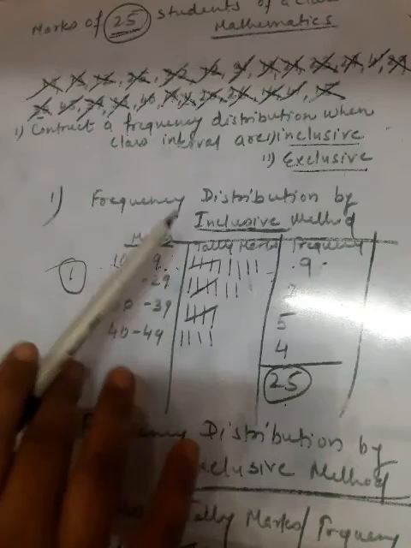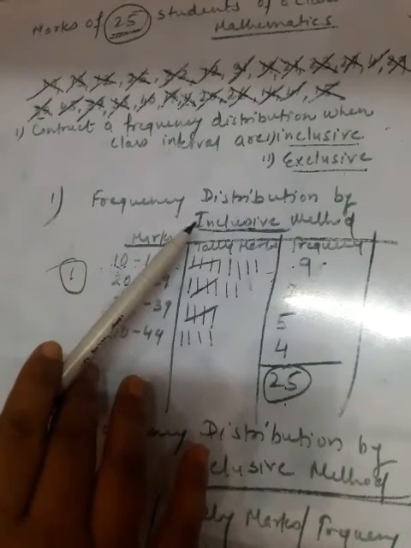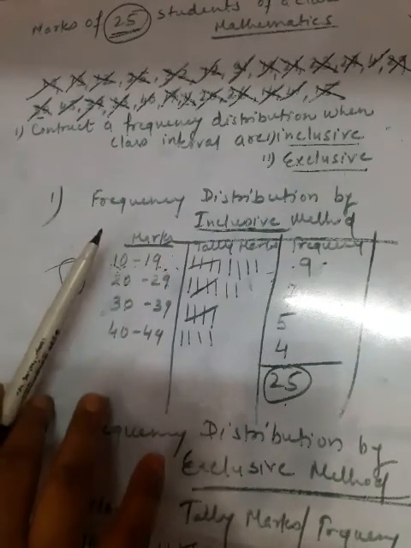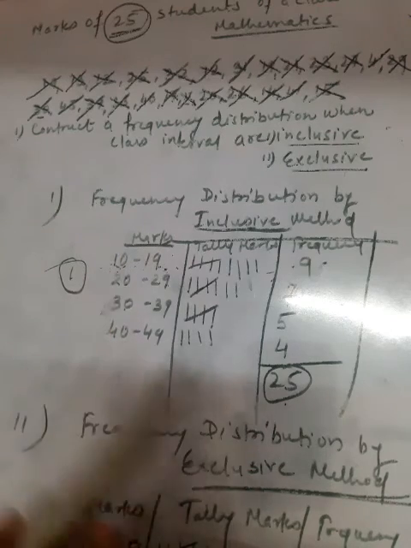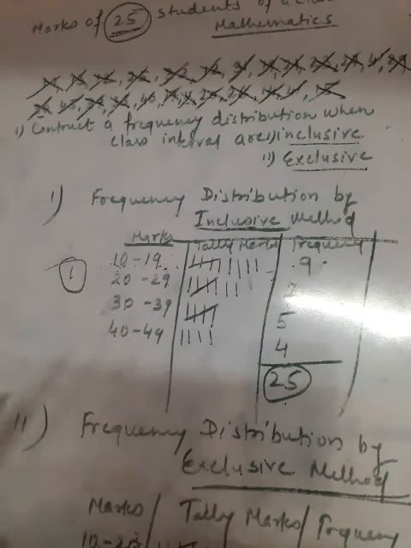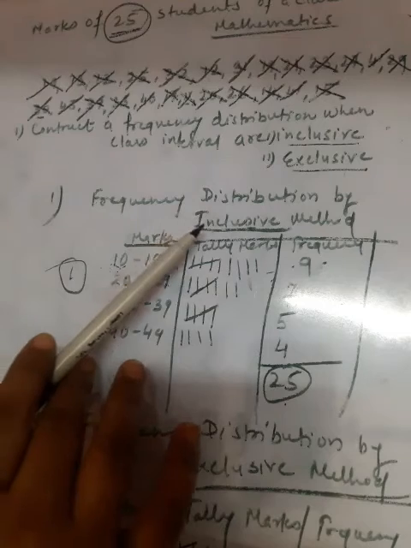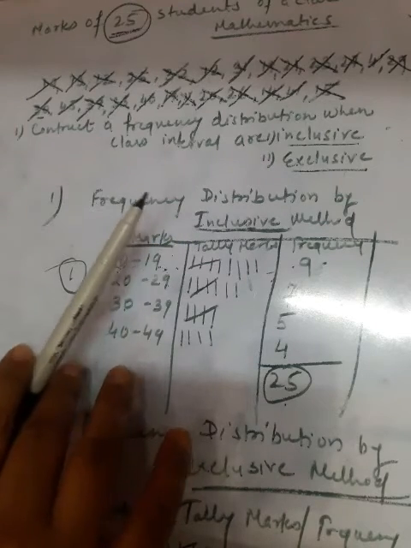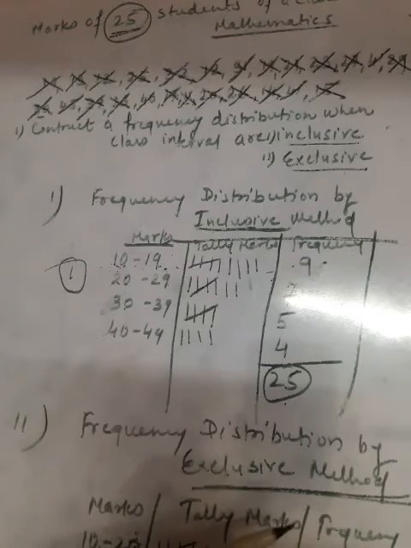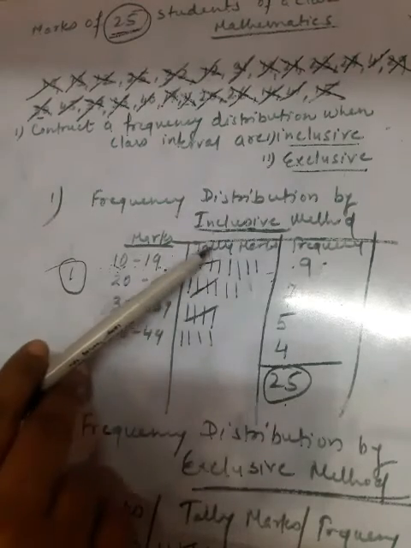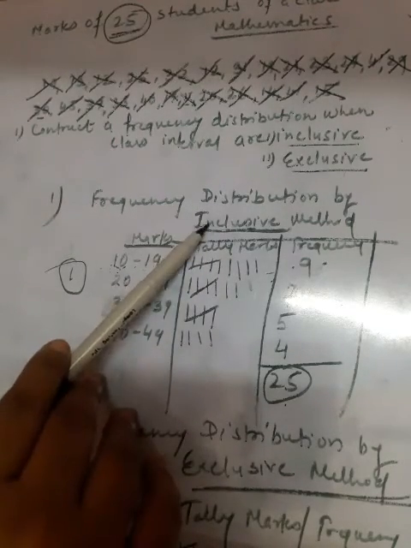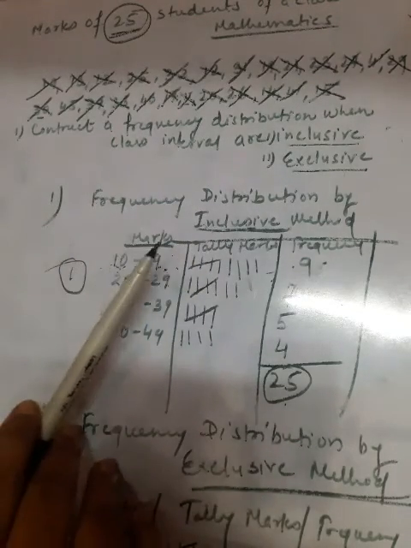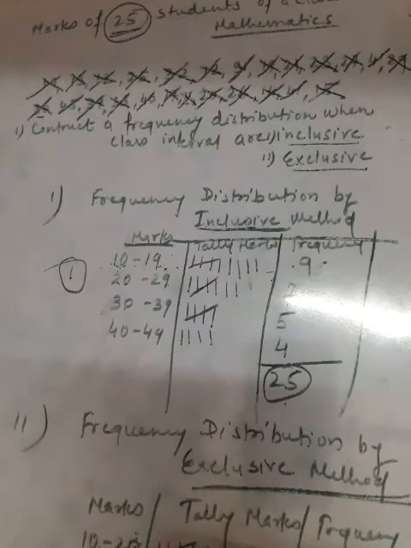Sometimes a question is asked to convert data which are in an inclusive series to the exclusive method. You can convert inclusive series into exclusive, but you cannot convert exclusive into inclusive. Okay, there is no need of converting it to the inclusive method.